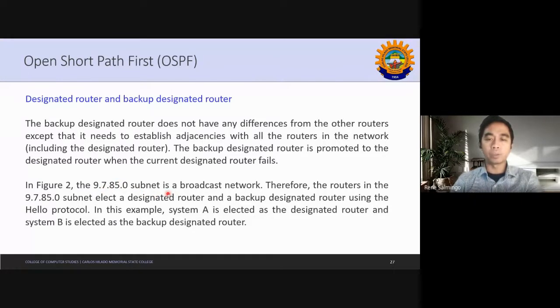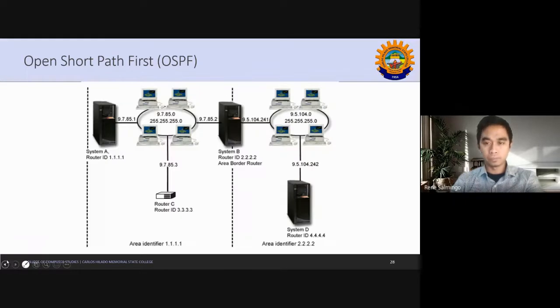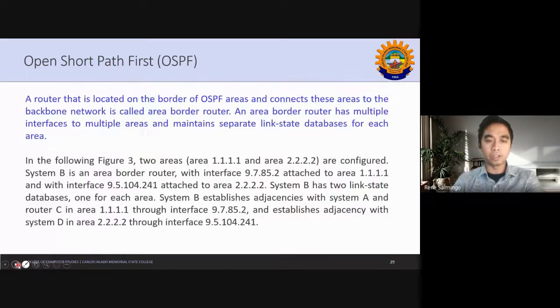It's a broadcast network. Therefore, routers in the 9.7.85 subnet elect a designated router and backup designated router using the Hello protocol. In this example, System A is elected as the designated router and System B is elected as the backup designated router. So you have system B as your backup and system A as your designated router.